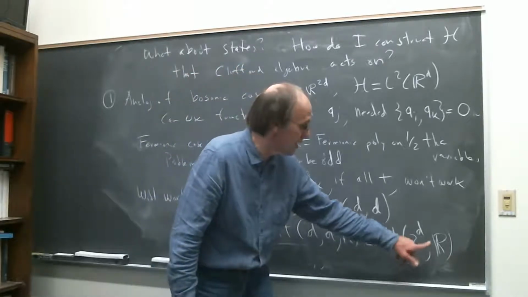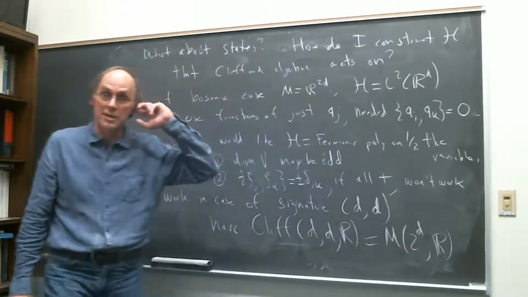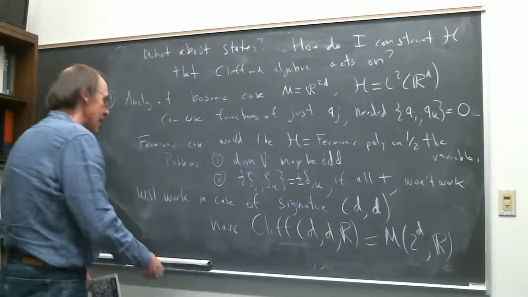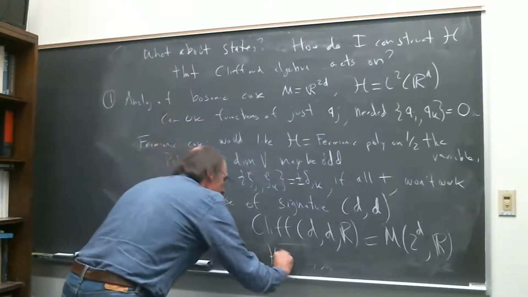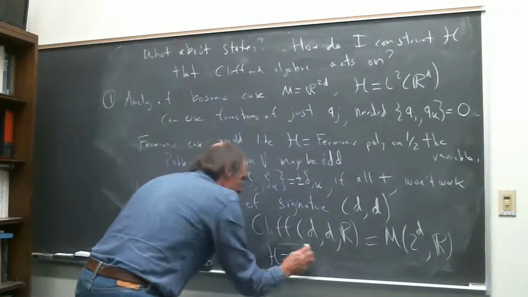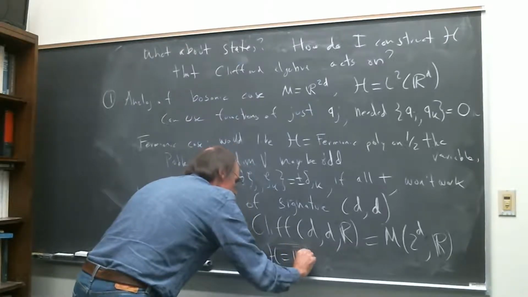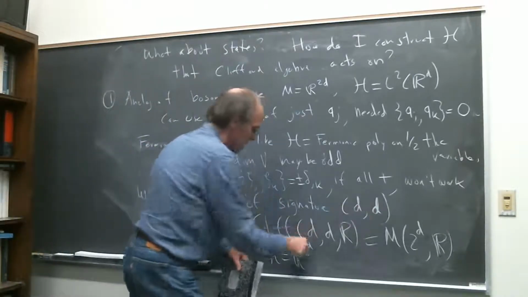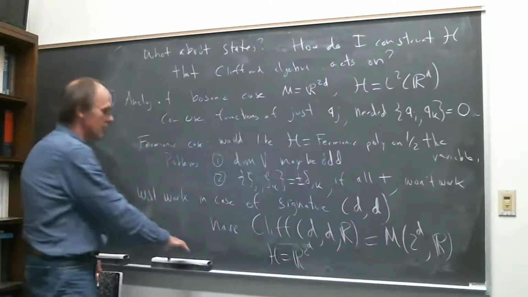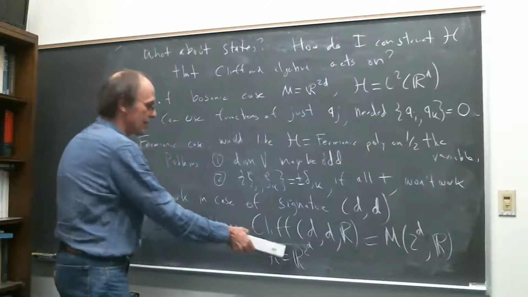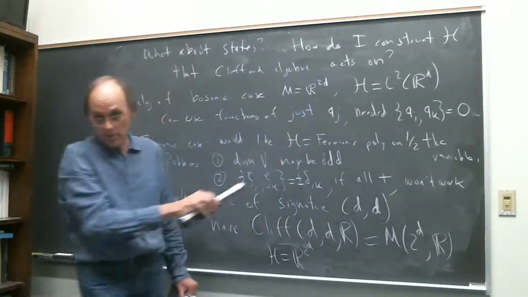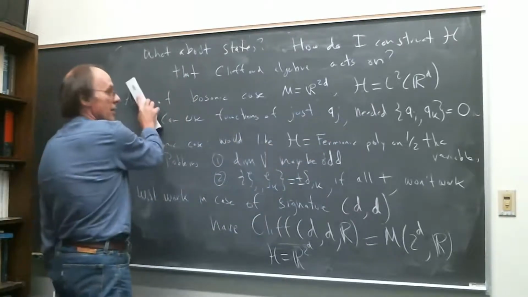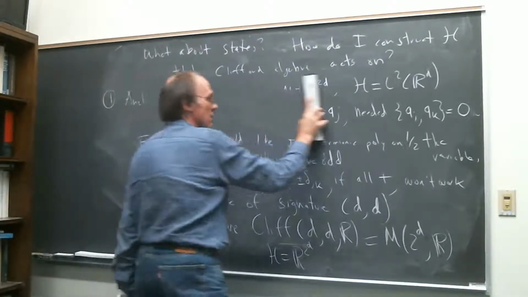They act on, and you can take H to be, R^(2^d). And so this can be your state space. If you want, you can even make this whole story look exactly like the bosonic case. I'll show you how to do that.